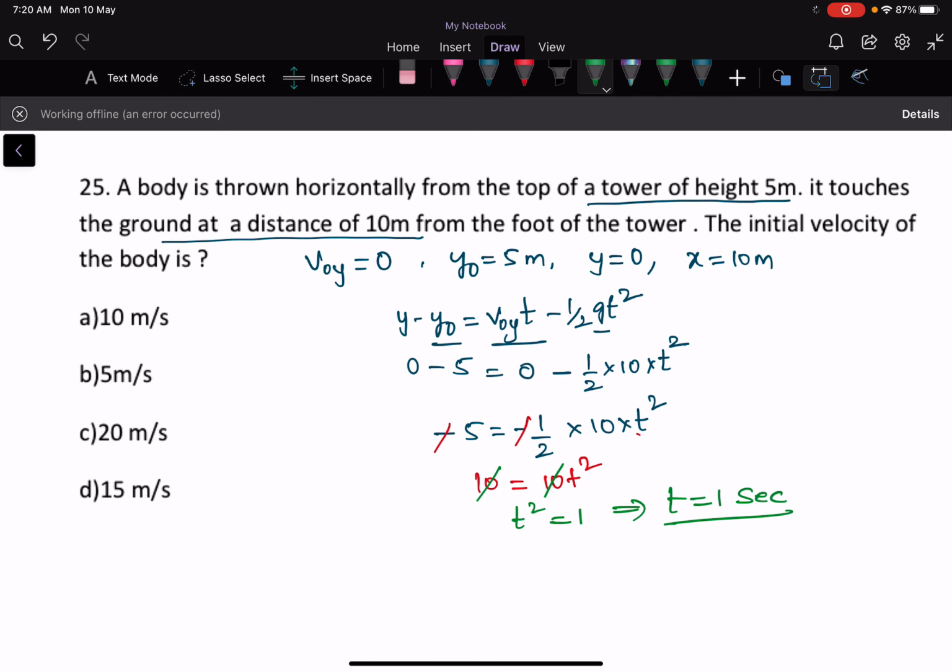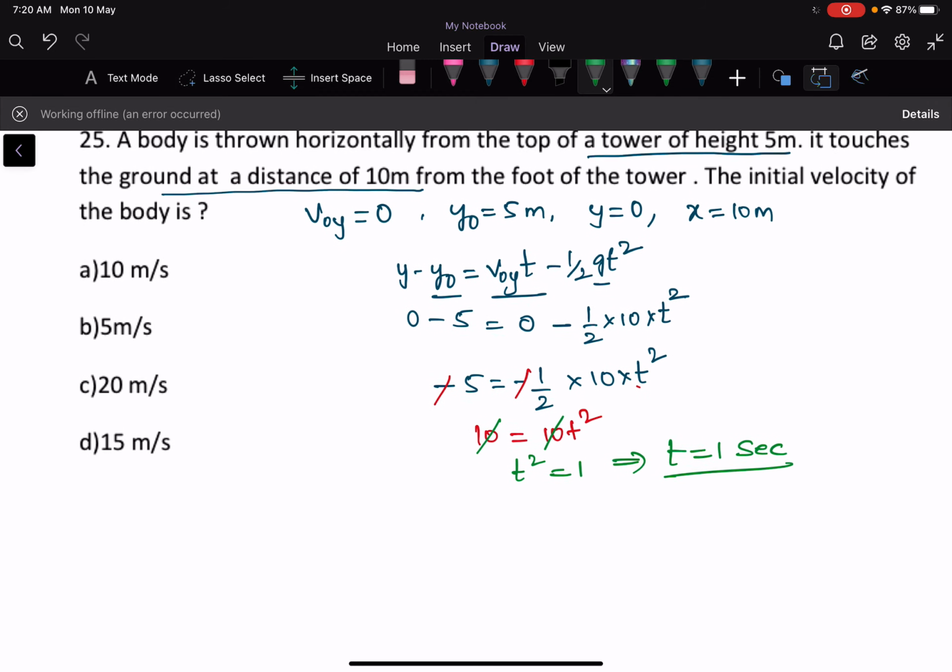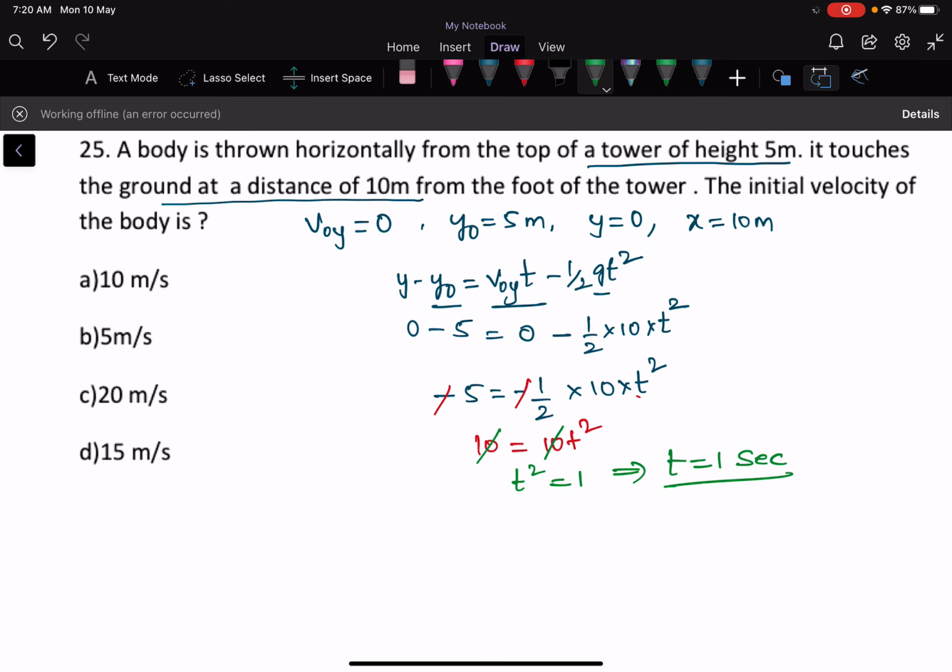What is the initial velocity of the body? We need to find out the initial velocity of the body. Initial velocity v0x equal to v0 cos theta, but it is thrown along the horizontal direction, so cos 0 is nothing but 1. So initial v0x is simply v0. Now he has given the horizontal range x.